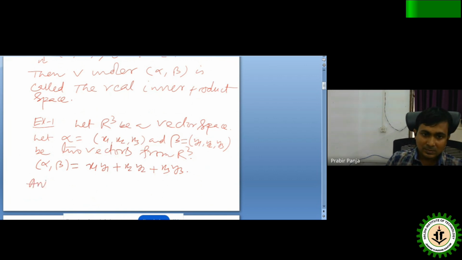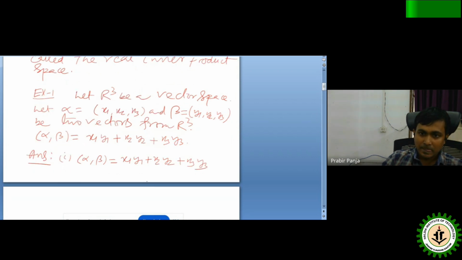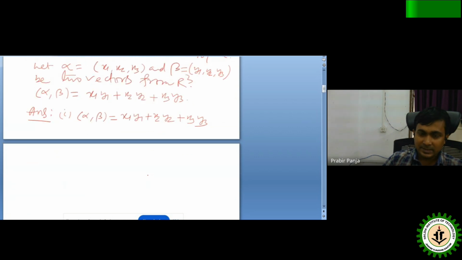So first we'll check condition number one, alpha beta. The value is already mentioned: x1 y1 plus x2 y2 plus x3 y3. If we write now beta alpha, then according to the product rule, its value will be y1 x1 plus y2 x2 plus y3 x3.